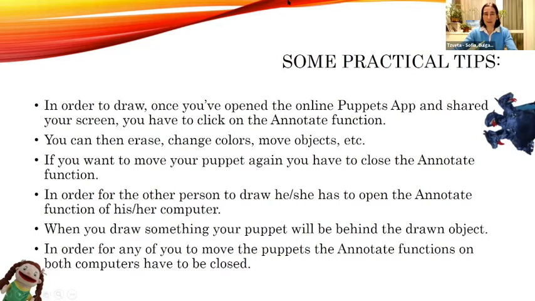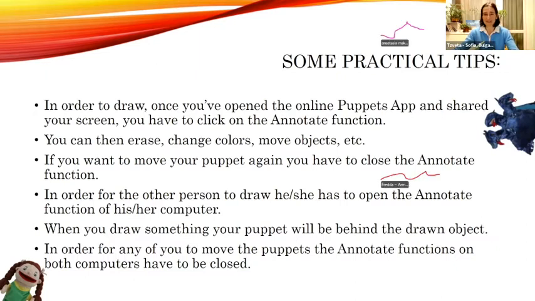The annotate function is visible for the person who is the host, but for the others, it is to the right, where it is written, you are viewing somebody's screen, and then there's a view option. And the third or the fourth option is annotate. And once you have that open, you can draw, you can use all the functionality.